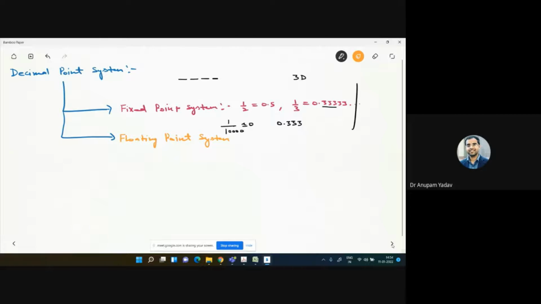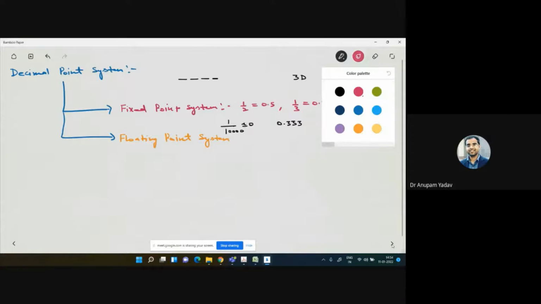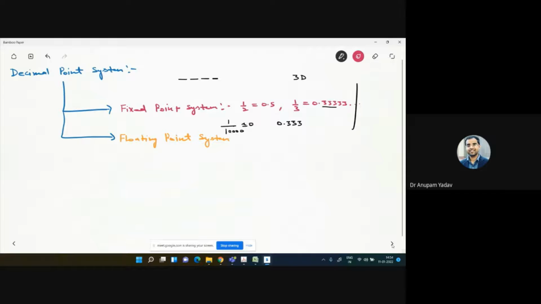In scientific notation, you have already used it. I only need to give you an example, and you will connect it easily. Suppose I write a number like this: 6.247 into 10 to the power 7.